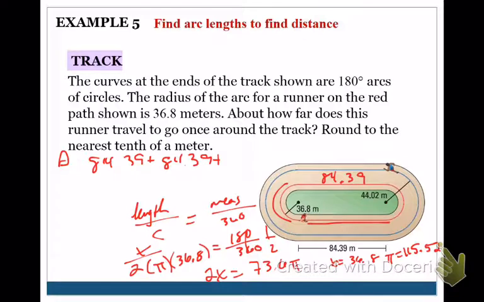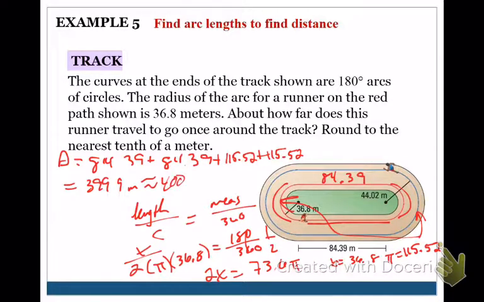And there's two of those. That's over here as well. That's the length there and the length there. So I've got to add 115.52 twice to our distance. And when you do that, you do get 399.9 meters, or about 400 meters.